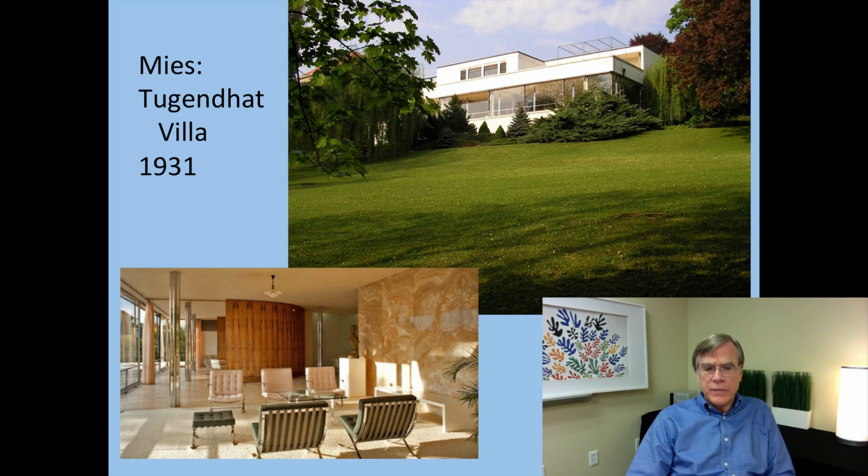A third house is the Tugendhat Villa in Czechoslovakia, designed by Mies van der Rohe, 1931. It's very unprepossessing from the outside. It looks more or less like a rundown gas station. You enter on the second floor and go down a staircase into this magnificent free-flowing interior seen here.